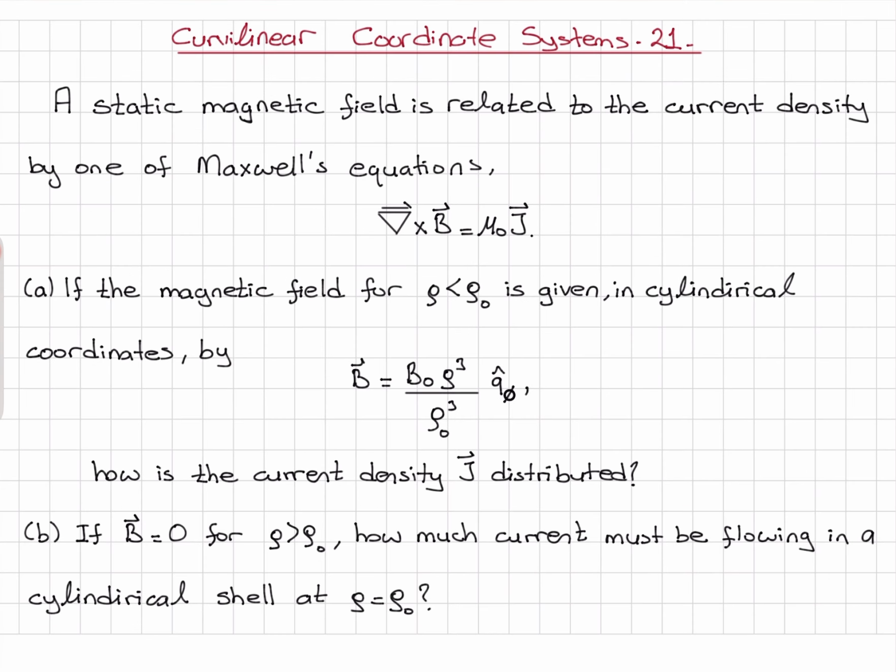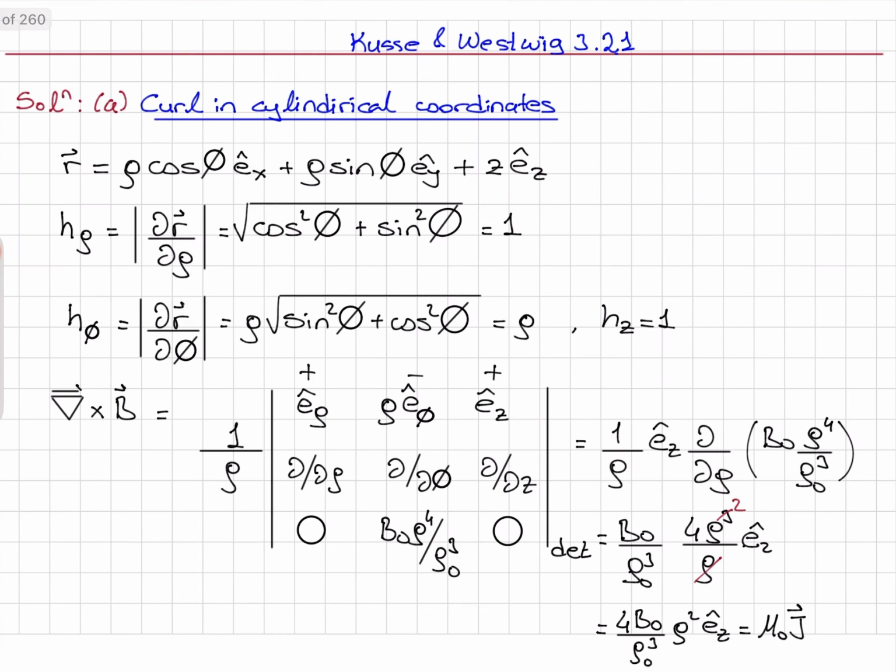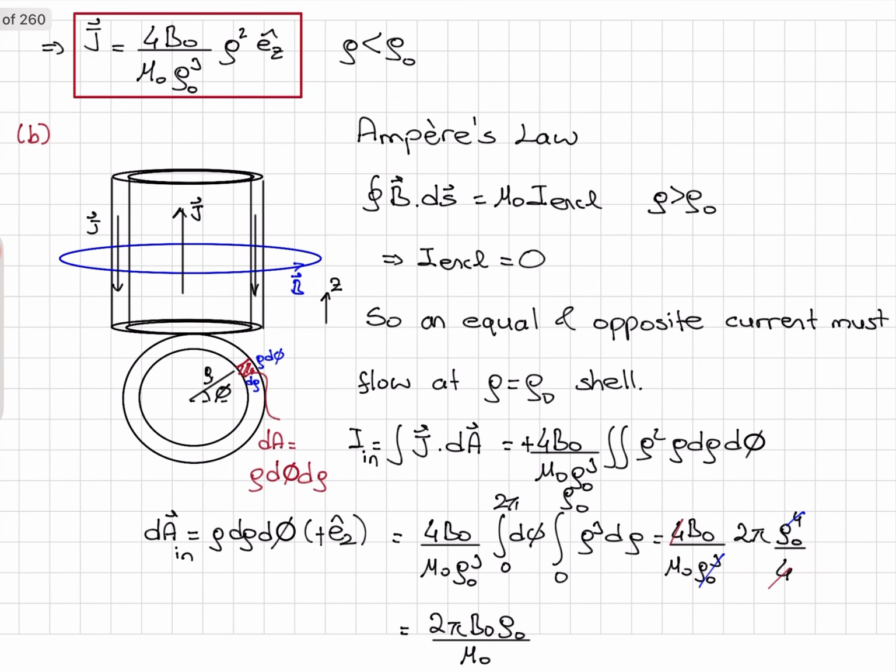That's an application of Stokes theorem. And this tells us that if you want to have a magnetic field outside to be zero, the current enclosed by this loop has to be equal to zero. So if J is flowing in the EZ hat direction, we have a non-uniform current that varies with rho. We must have an equal and opposite current that flows in the shell to cancel out that current.